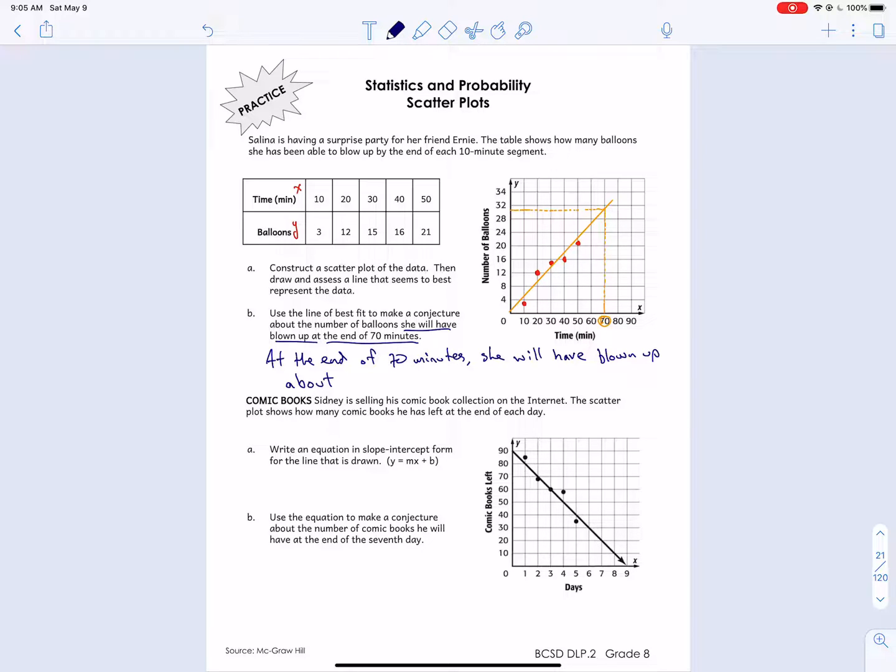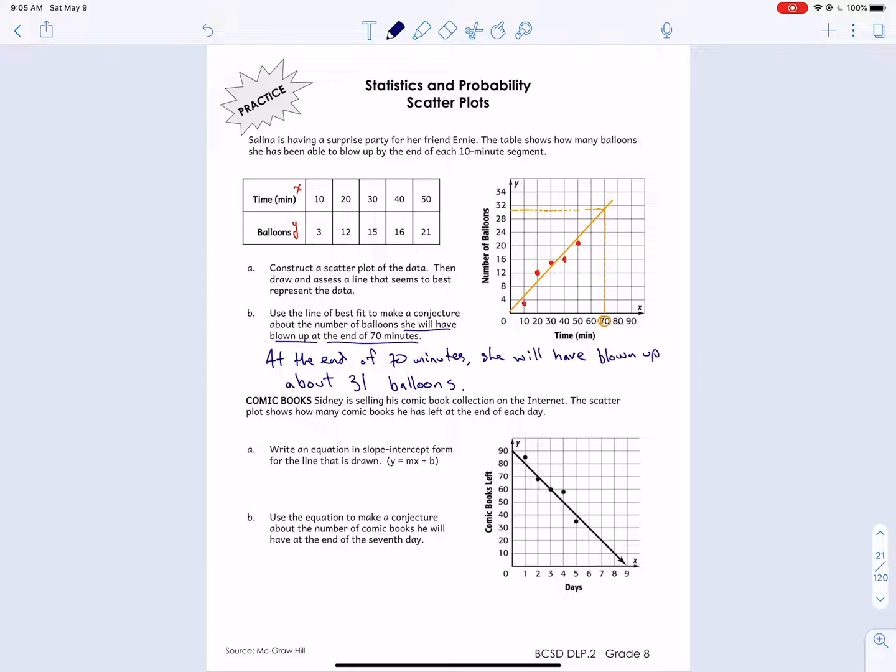With scatter plots, we make a guess, but we really don't know the exact number unless we just waited 20 more minutes to get the actual amount. So we're making a guess here. So she will have blown up about 31 balloons. Okay, so that's it. All right, the next one, the graph is done for us, and the line is drawn.